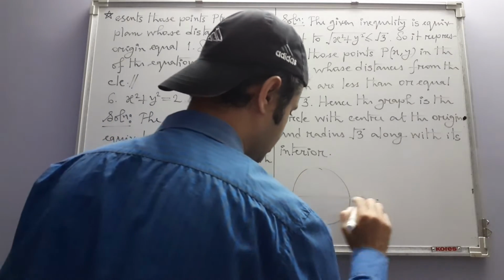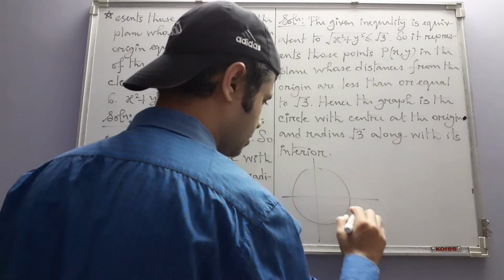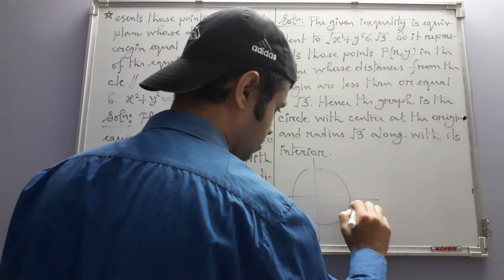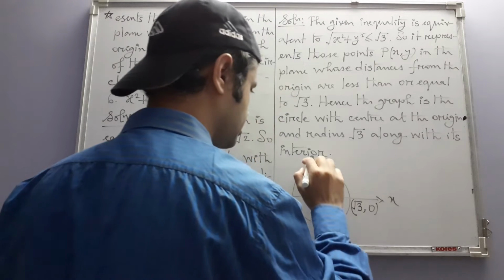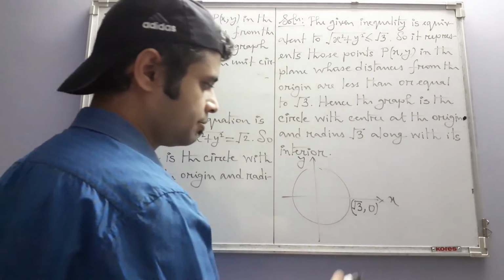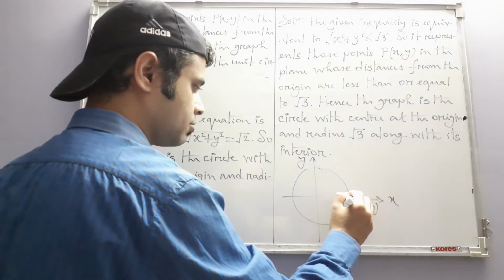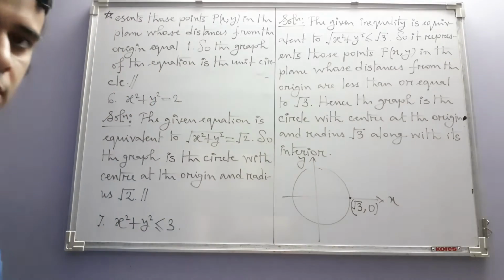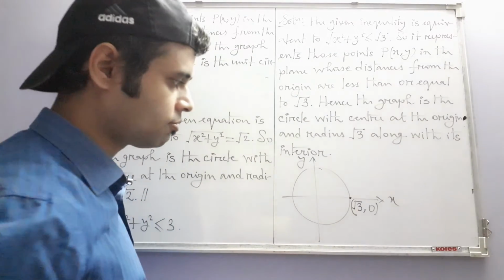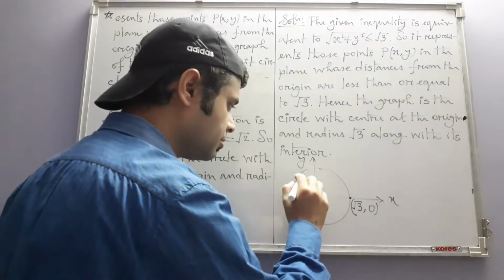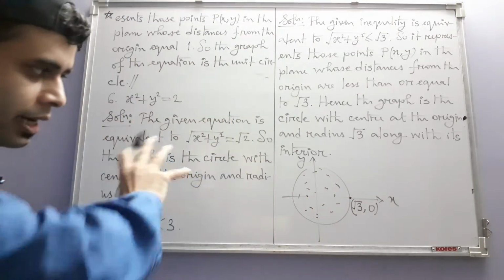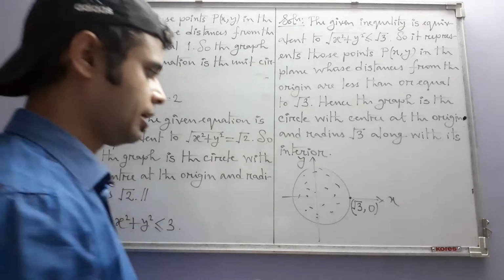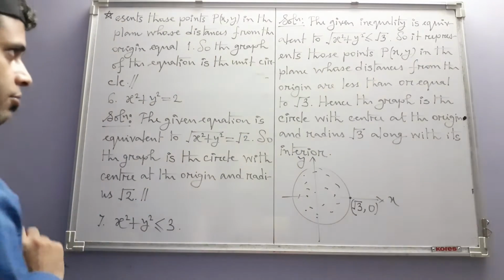The circle is there, this is the x-axis, this is the y-axis. This point has the coordinates square root of 3, 0, that means the radius is square root of 3, along with all the points that lie in the interior. So it's that disk. Okay, that is the graph of this inequality.